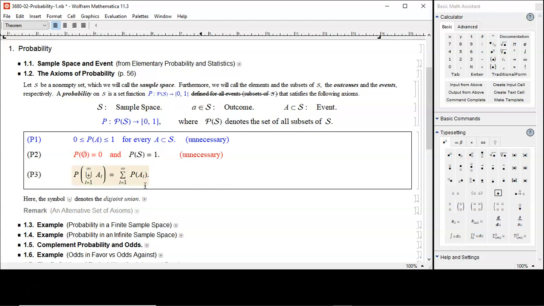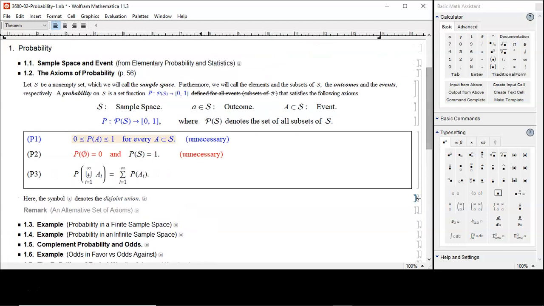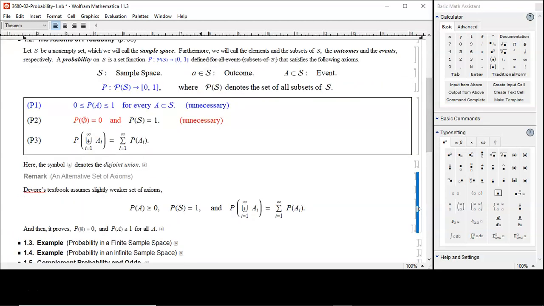So using only these two, you should be able to prove that the probability of the empty set is 0, and also that the probability comes between 0 and 1. And that is what our textbook author does.